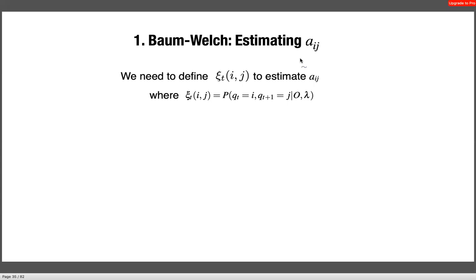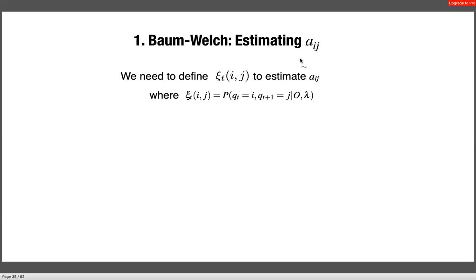To estimate these a sub ij's, I would just look at how many times across all my observations I transition from state i to state j. I'll make that count and then normalize it to get a probability. The probability of transitioning from state i to state j is the count of the number of times I transition from state i to state j, divided by the total number of times that I transition out of state i overall. So this is the normalization and I'm done.